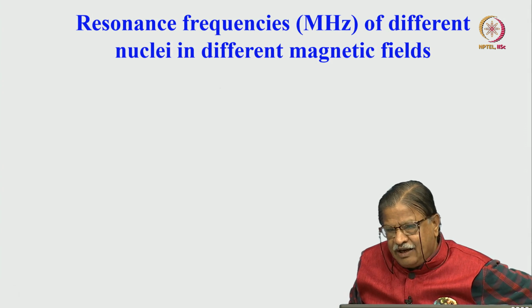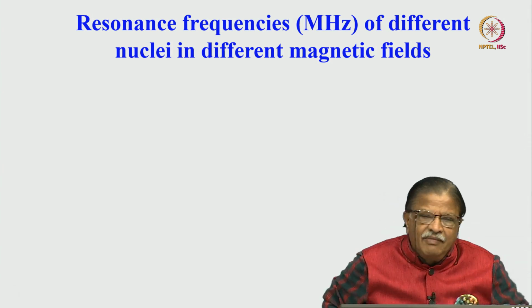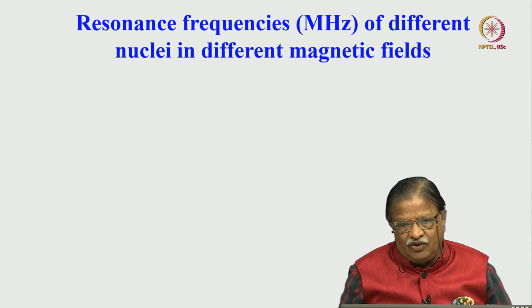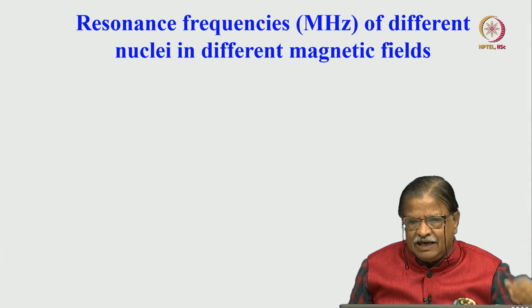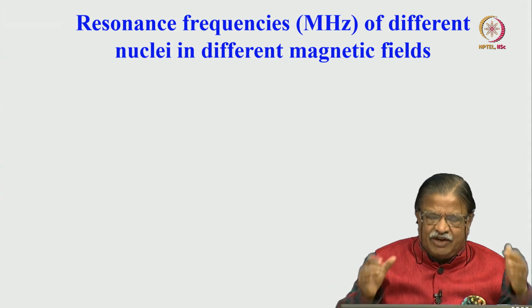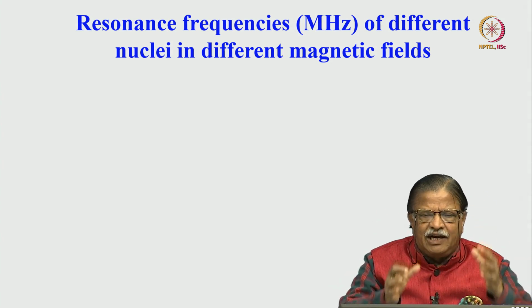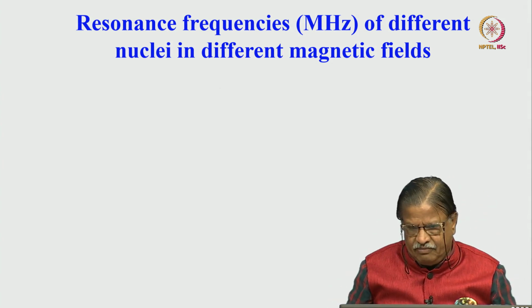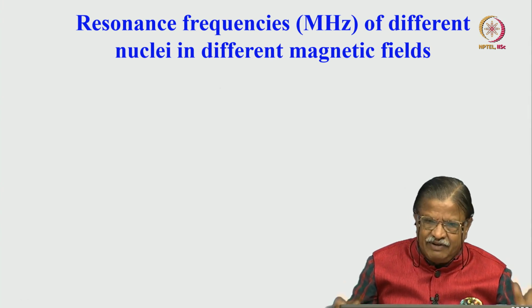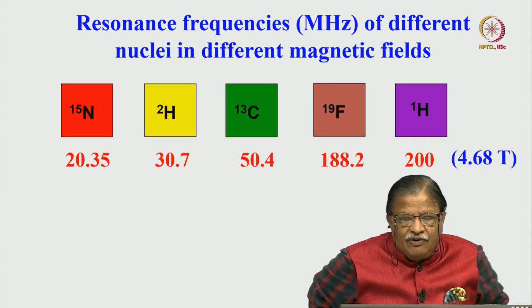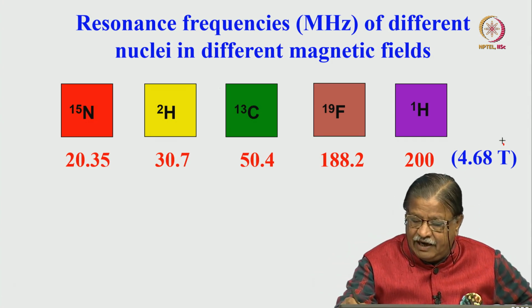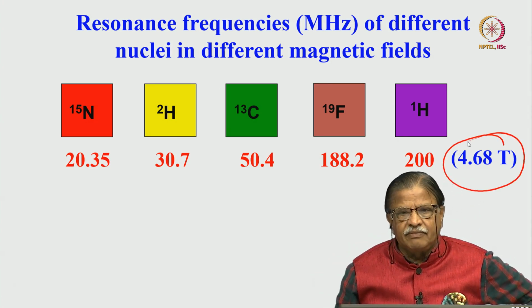We understood that the NMR resonating frequency is in the radio frequency region. We calculated the resonating frequency for a given magnetic field for both proton and carbon at two different magnetic fields. Now let us see what is going to happen. Say I have a magnetic field of 4.68 Tesla.